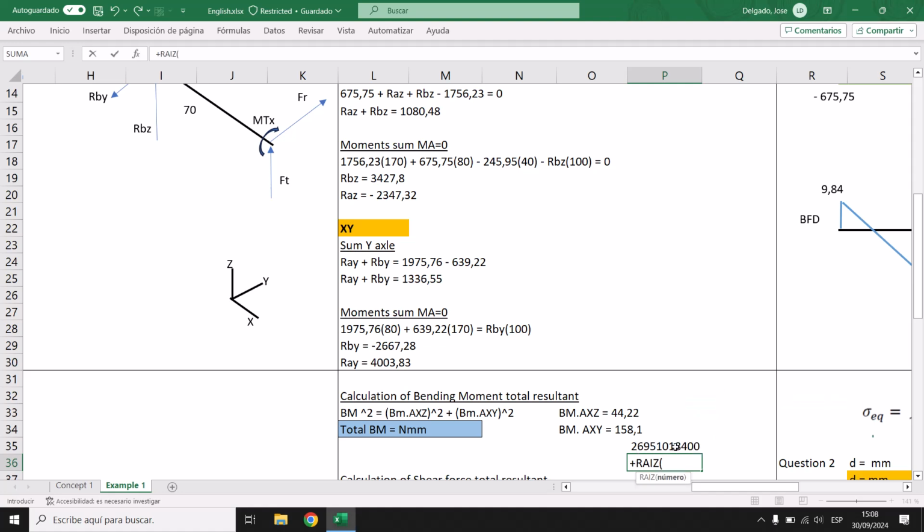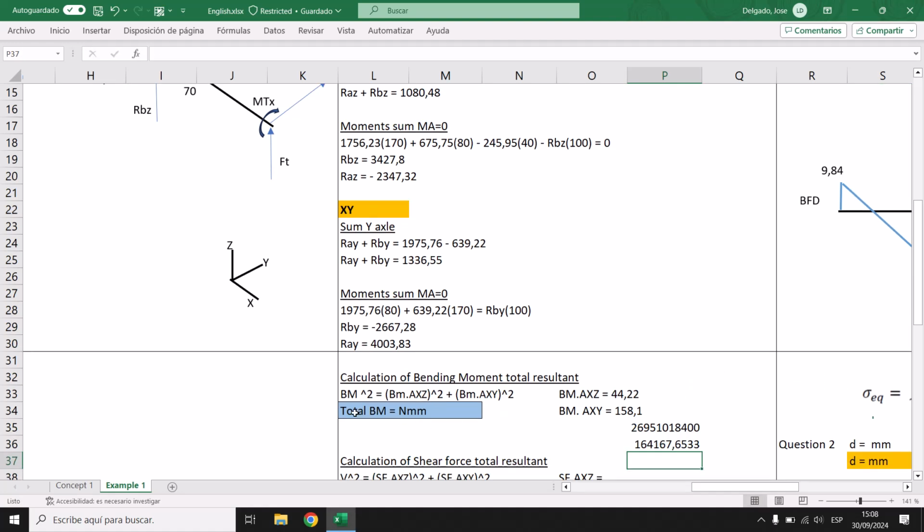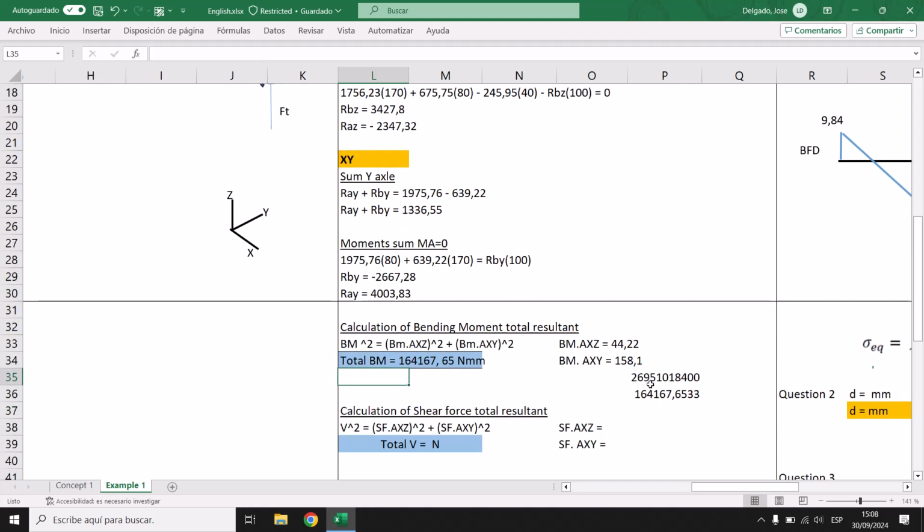For you, our total bending moment is going to be the resultant of this, 67.75.